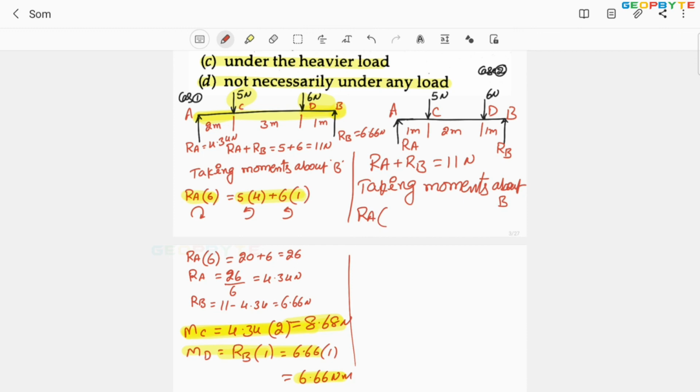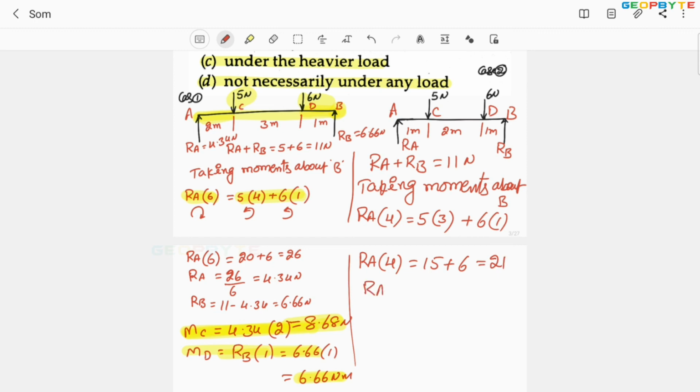RA into the distance up to B, 4, gives the clockwise moment, equal to 5 into the distance up to B, giving an anti-clockwise moment, plus 6 into the distance up to B, 1. So RA into 4 equals 15 plus 6, which is 21 Newton meter.